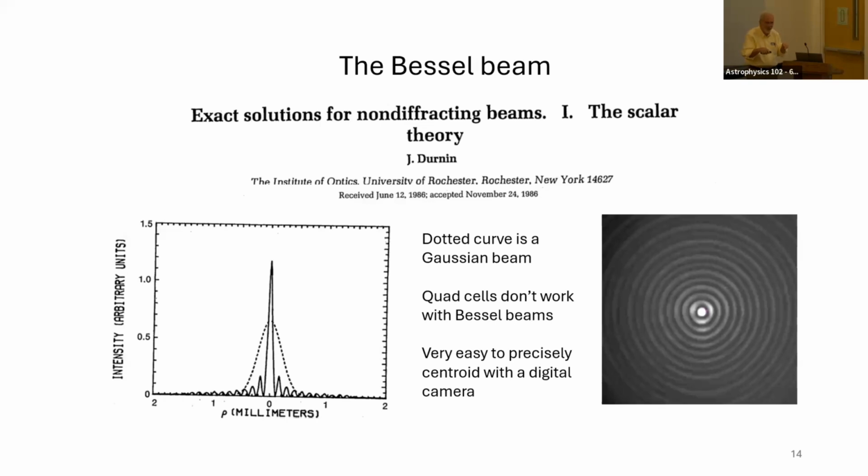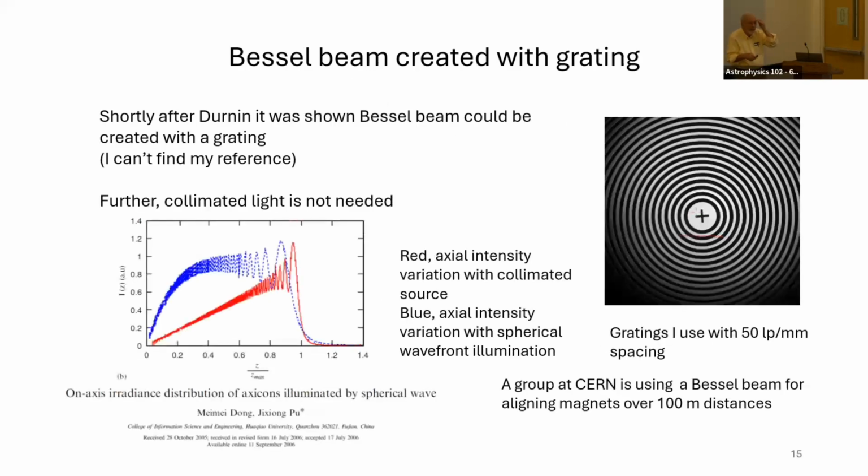On the other hand, with a digital camera, it works beautifully. It's very easy to centroid on it. People know what quad cells are. This is a quadrant photodetector for photodiodes, and you take the difference of the right to the left to figure out your offset. They work great for laser beams, but with Bessel beams, that doesn't work.